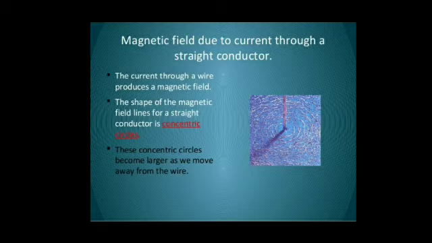These concentric circles become larger as we move away from the wire. It's very simple to understand. If something is not in the magnetic field of the magnet, that magnet does not exert magnetic force on that object. But if anything is under the magnetic field, then there is strong magnetic force.